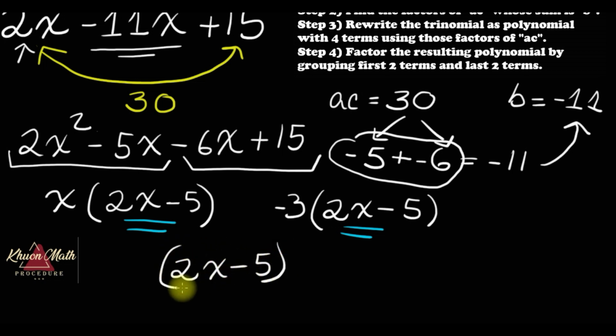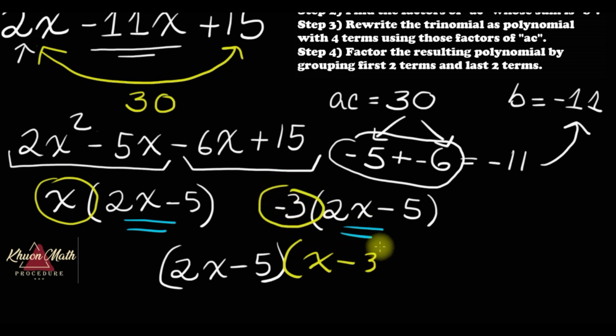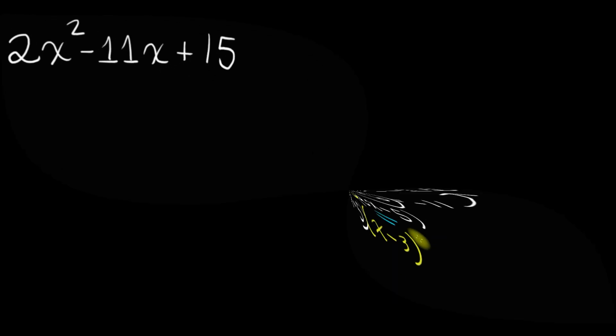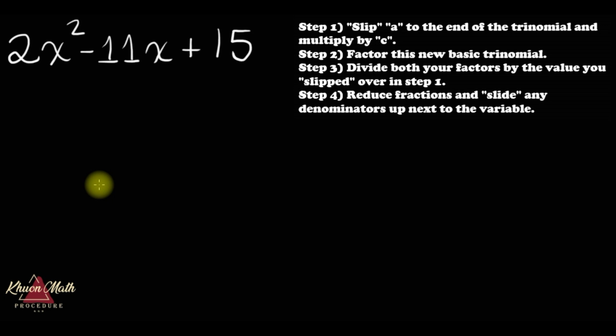When you pull out 2x minus 5, here you're left with x, and over here you're left with minus 3. So these are your two factors. If I factor 2x squared minus 11x plus 15, I get 2x minus 5 times x minus 3. And that's your final answer.